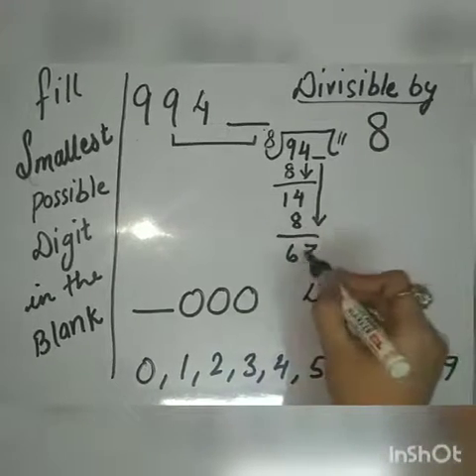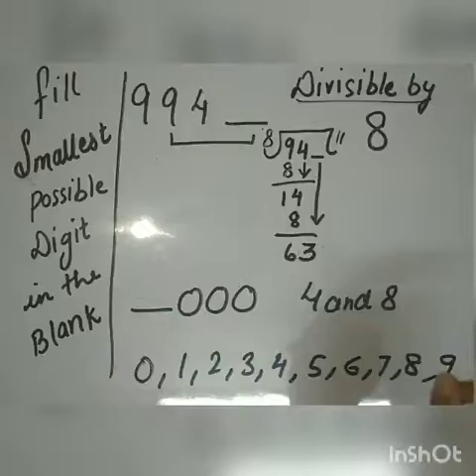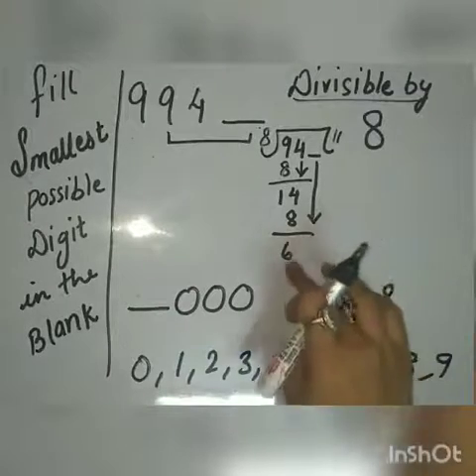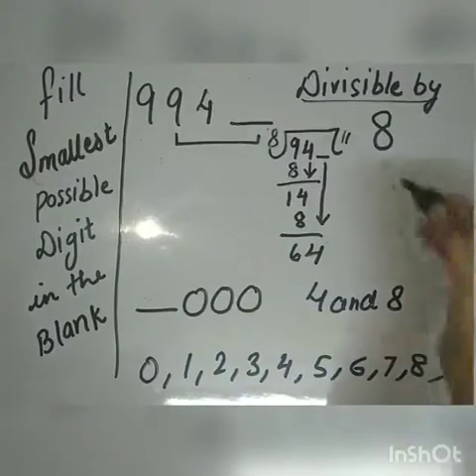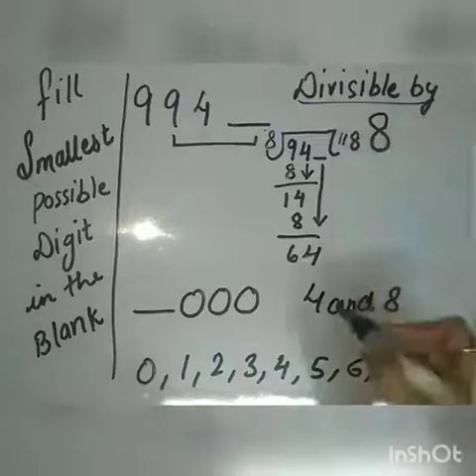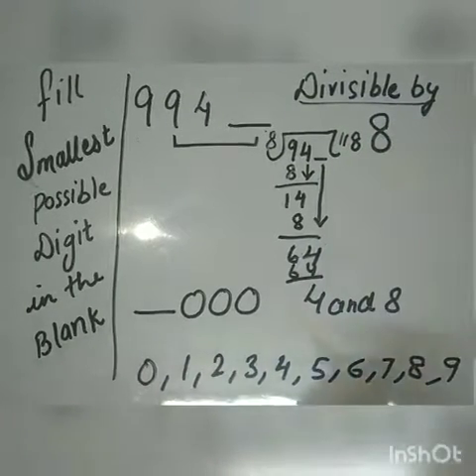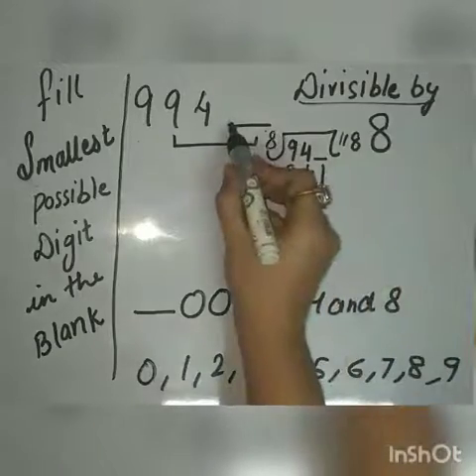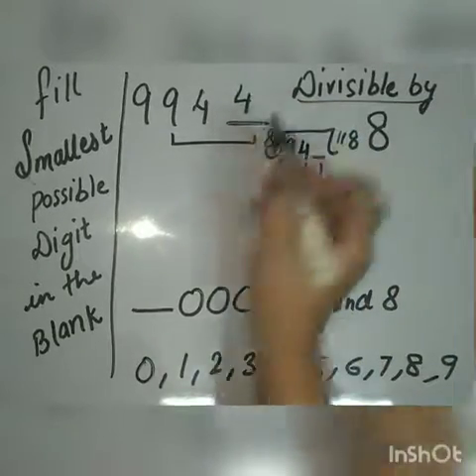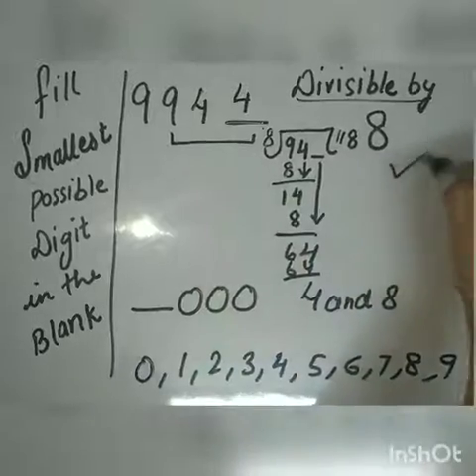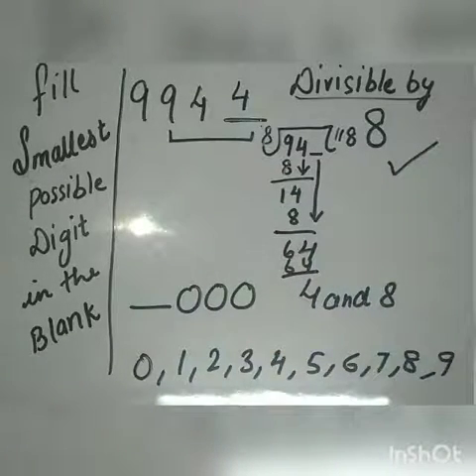If I put 3, 63 is also not divisible by 8. But if I put 4, then it is completely divisible by 8. 8 8s are 64. The remainder is 0. So we will fill 4 here so that this number is completely divisible by 8.